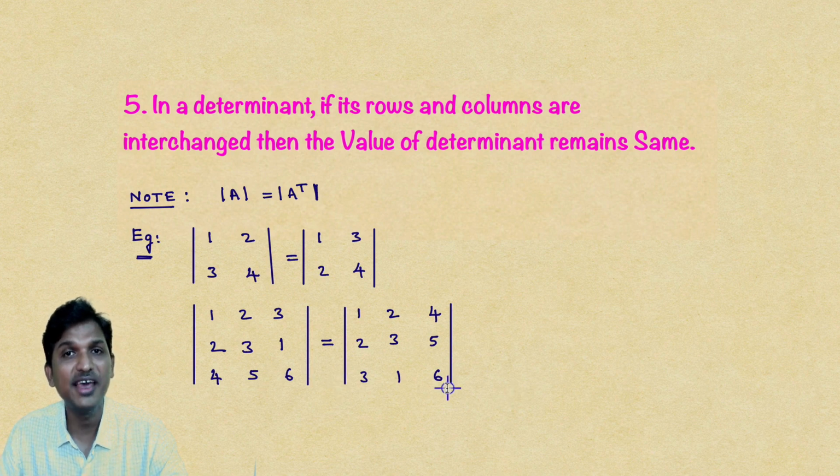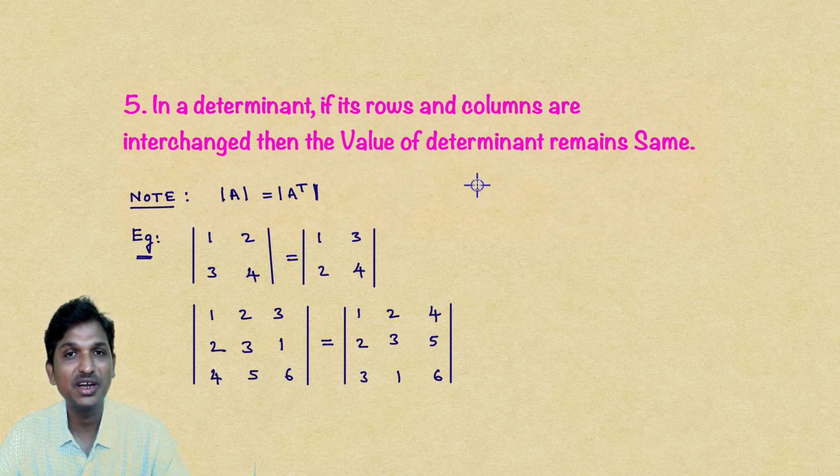Both will be the same. I hope you are understanding, right? So what is this fifth property? Determinant of A is equal to determinant of A dash. If you want to say, you can say like this: in a determinant, if its rows and columns are interchanged, then the value of the determinant remains the same. So you completed 5 properties.